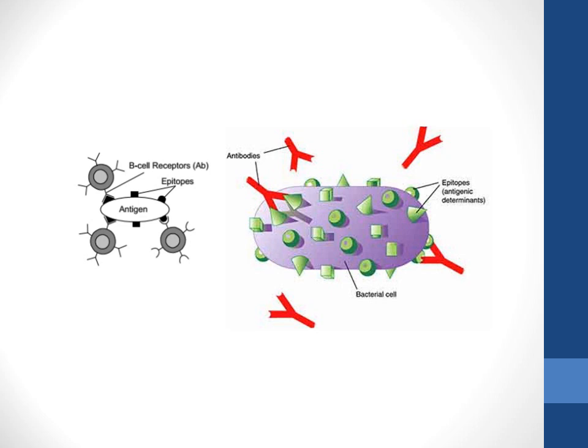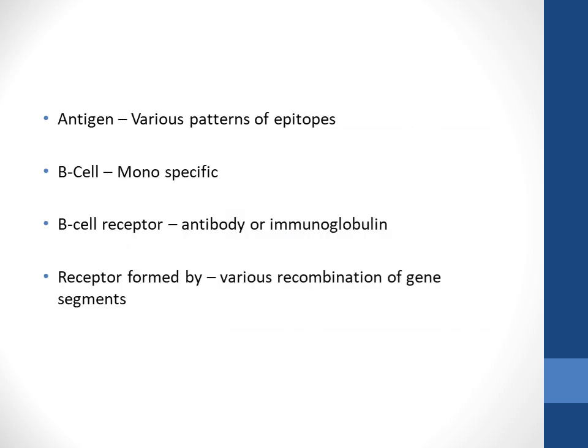Here this receptor will attach to the epitopes of an antigen. Once it is attached, that recognition between the receptor and the epitope, we call that binding. So antigens have various patterns of epitopes, whereas in a B cell the receptors are monospecific. All the structures are of the same type.